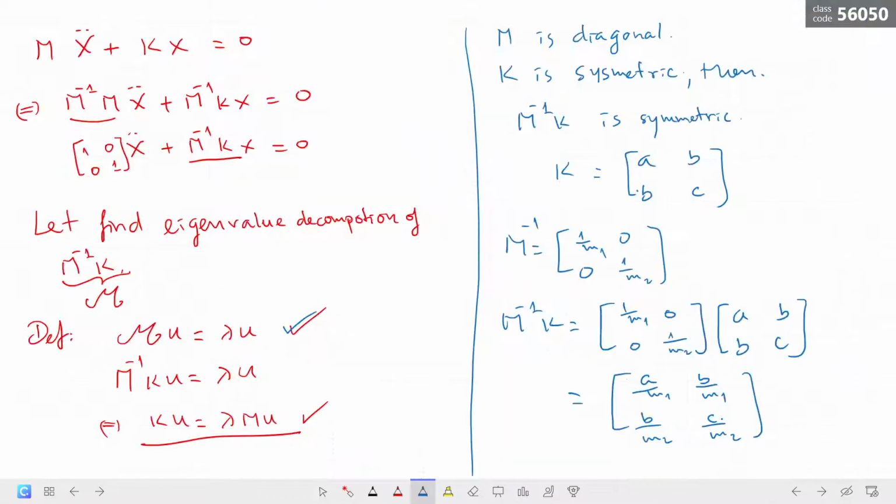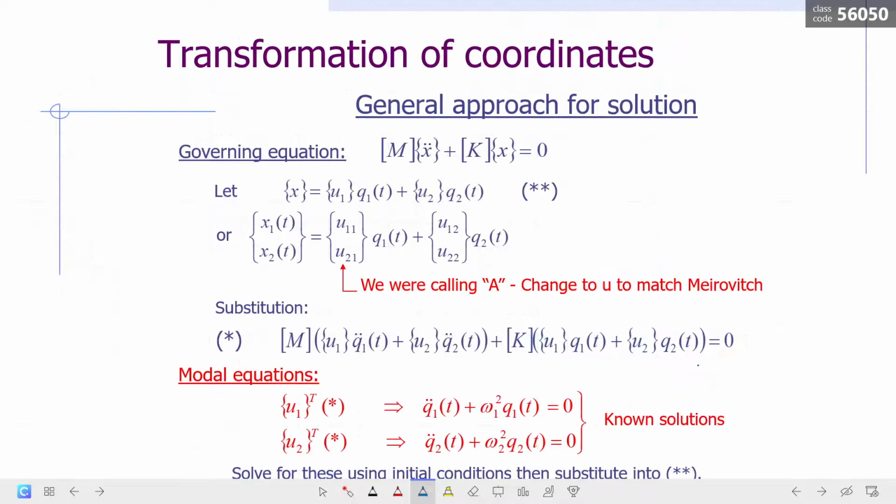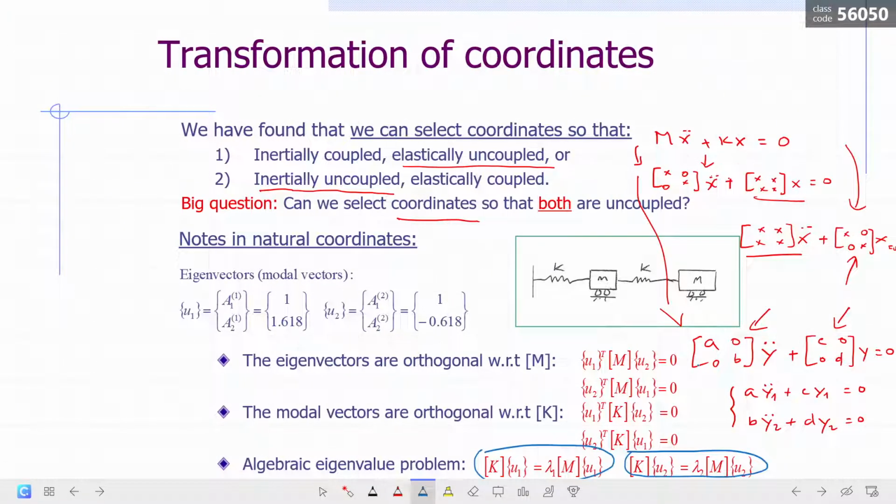So it seems that to have a symmetric M inverse K, we need a specific case, which is to say m1 equal to m2. But we can ignore that. Let's think about a general case. But here we need the relation that eigenvectors are orthogonal, which means this.